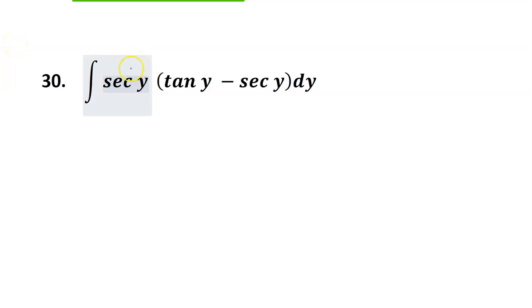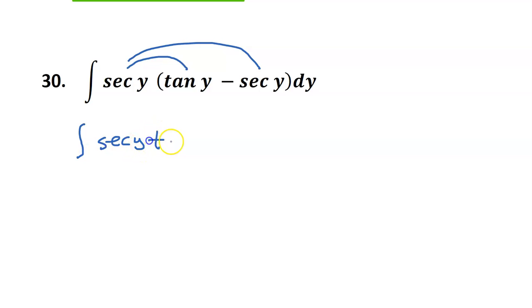For number 30, I would first rewrite this by distributing the secant y. So I will have the integral of secant y tangent y minus secant squared y dy.